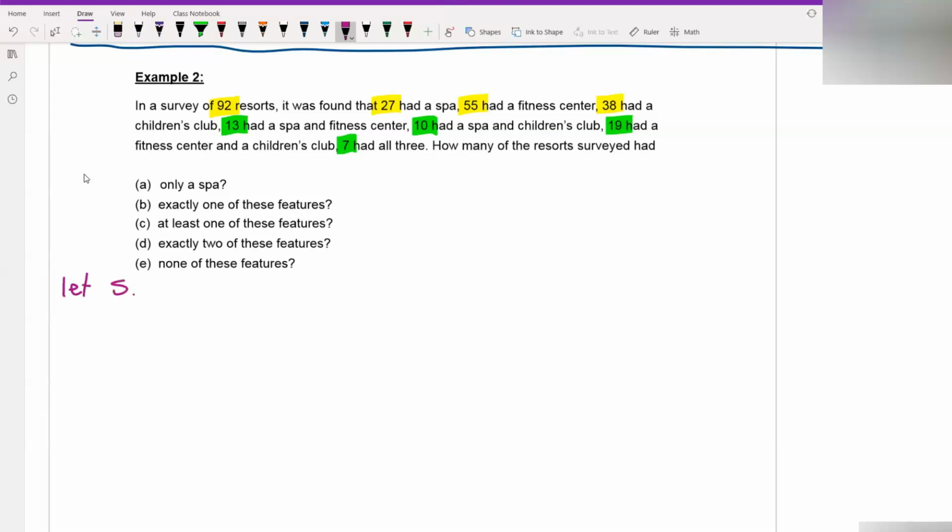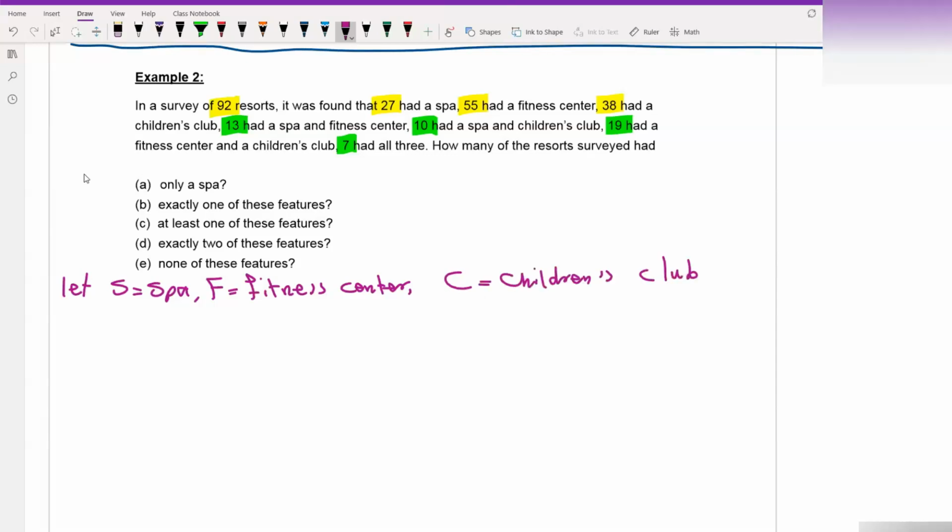So let S equal spa, F fitness center, and C is children's club. Now writing all that is given, the number of elements.